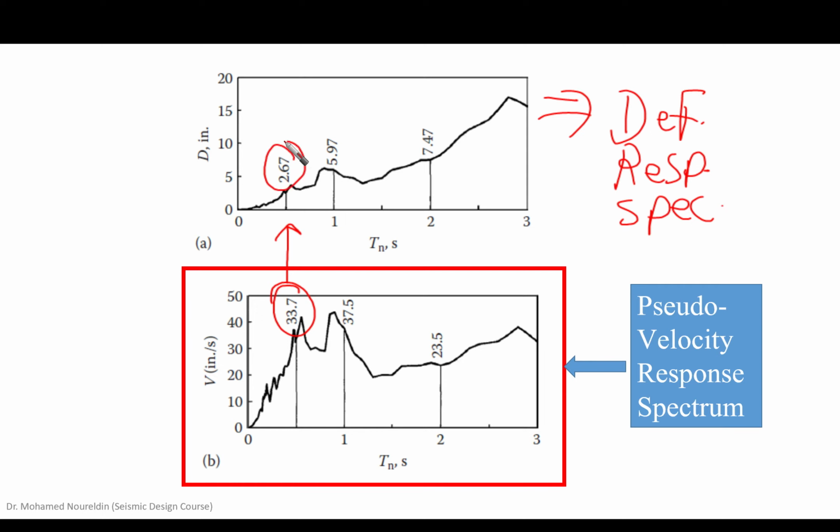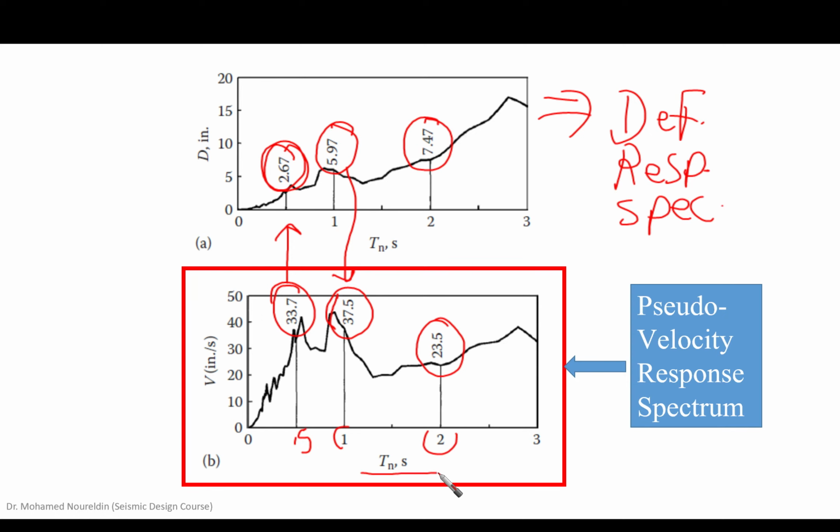So we have 2.67, and the corresponding value is 33.7 after multiplication by 2 pi over Tn. The pseudo velocity response spectrum value is 37.5 for 7.47's neighbor, and 23 for 7.47. This is for 0.5, this is for 1, this is for 2.